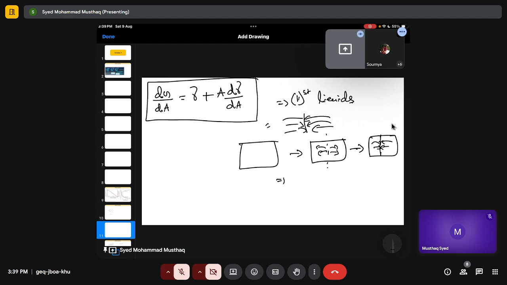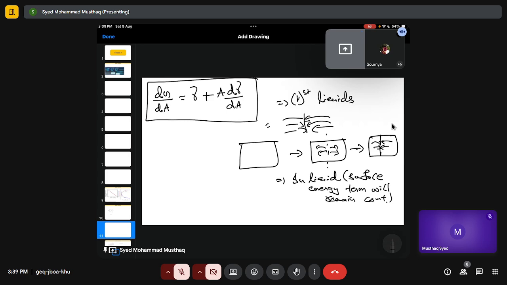Now, in liquids, the surface energy term will remain constant. Why? Because the liquid atoms have the degrees of freedom to move, but not solid atoms. If you see the atoms in any solid, they will not move, but in liquid they can easily rearrange themselves.